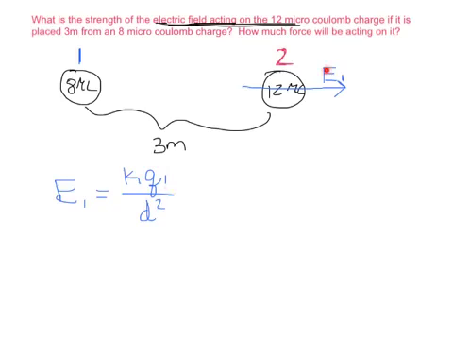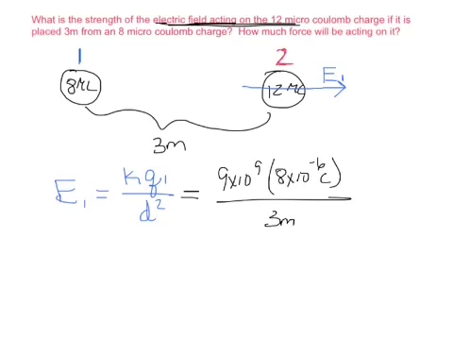And you can see now, according to my picture, I already have that established, that this charge is going to be the 8 microcoulomb charge, not the 12. So I could go ahead and plug in my values: 9 times 10 to the 9th times the 8 times 10 to the negative 6 coulombs all over the 3 meters squared. And that's going to give me my electric field strength.